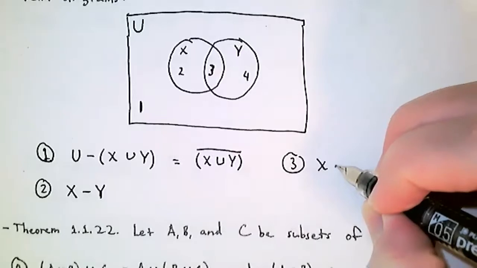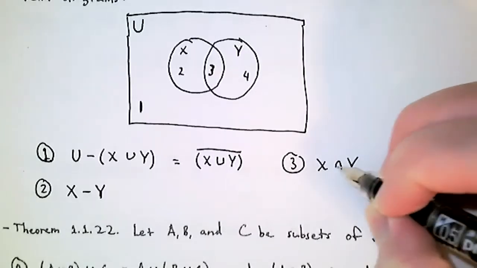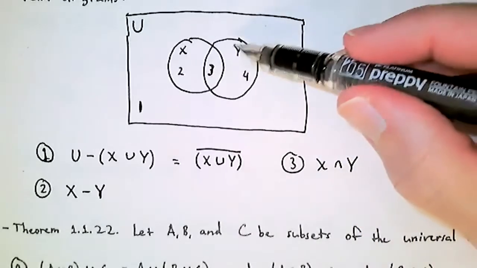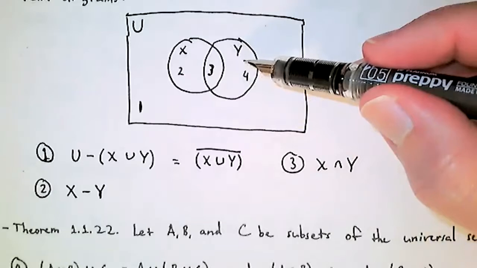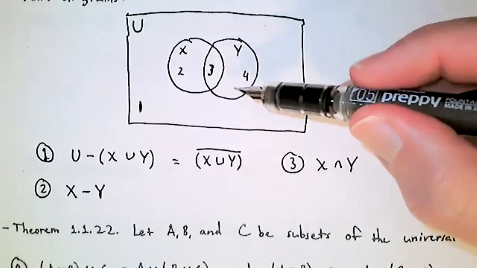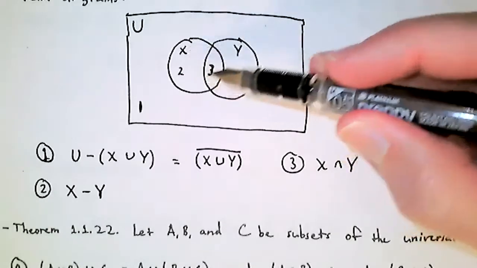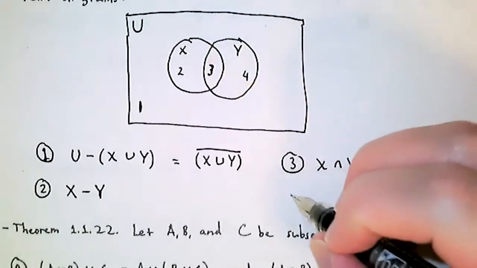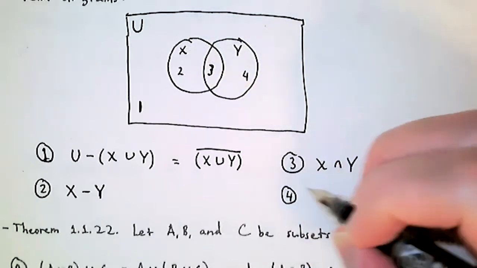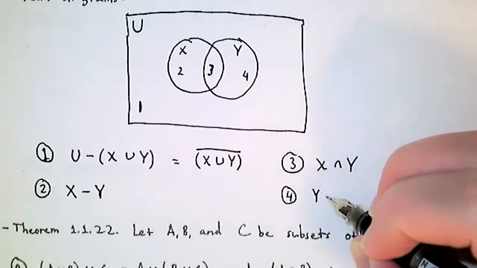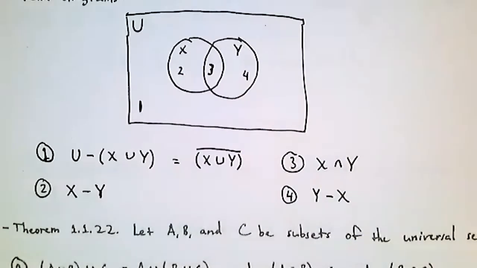So that's the intersection of X and Y. And then the fourth region is the region contained within Y, but not X. So that's going to be Y minus the elements of X.